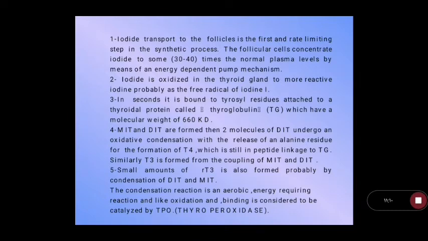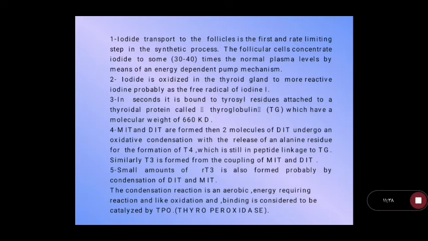Then two molecules of di undergo oxidative condensation with the release of an alanine residue for the formation of T4. So T4 is formed from two di-iodotyrosine, and T4 is still in peptide linkage, still bound to the thyroglobulin by a peptide link.